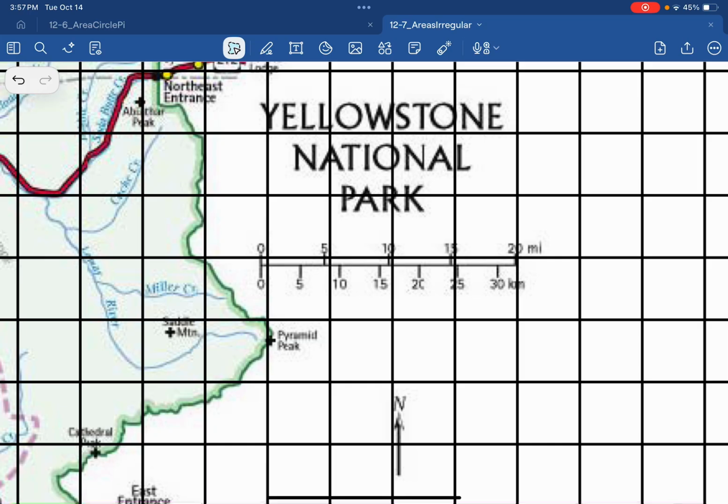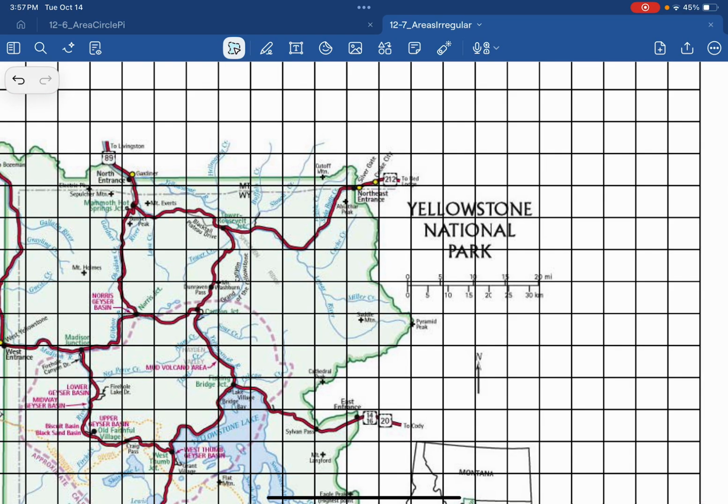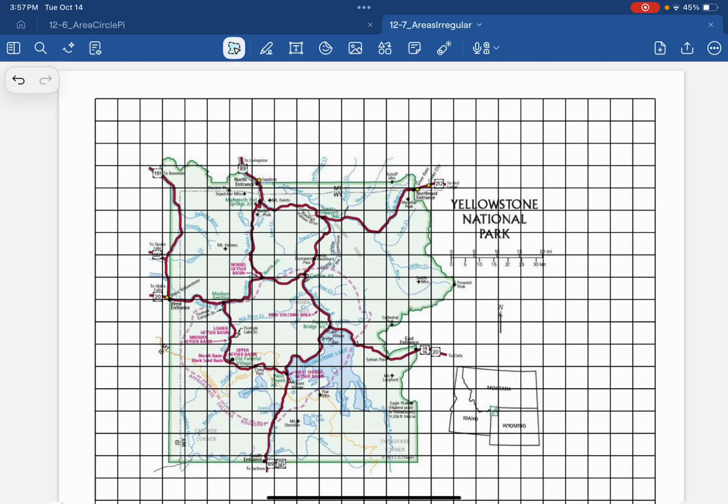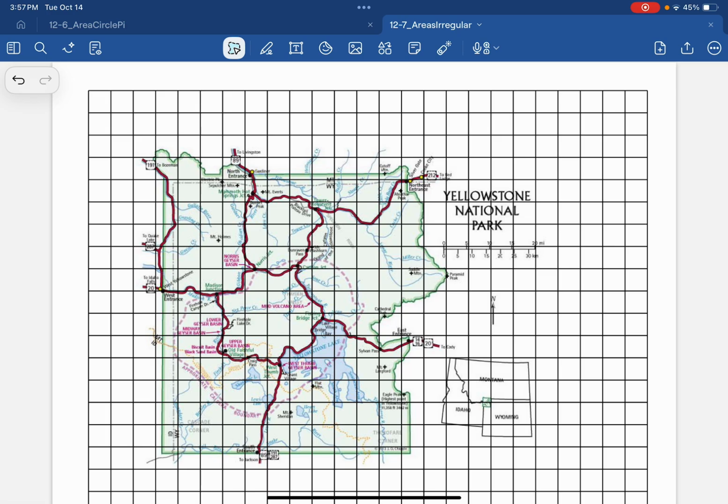Looks like 20 miles is about 4.1 or 4.2 units. So that'll get you a very nice, easy handle on how many square miles are in a square, and then it's off to the races and counting squares. Again, a quick and easy underestimate, overestimate, and then best guess.